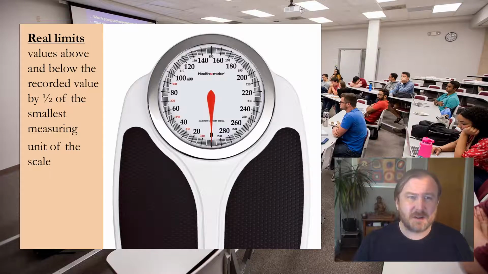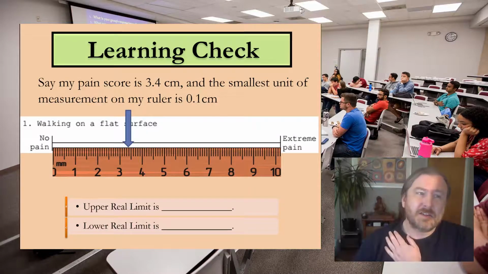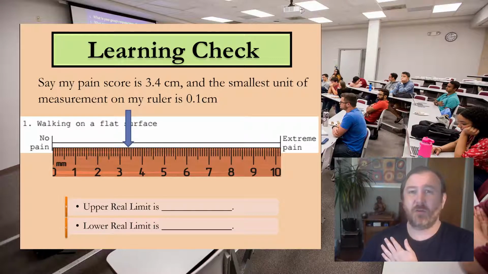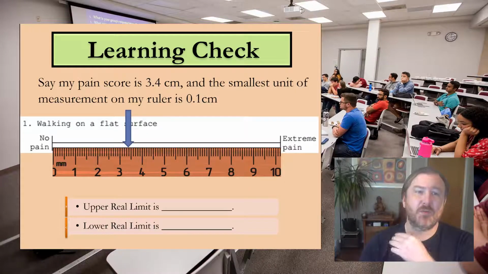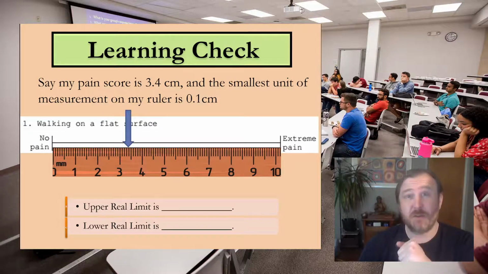So let's do another example of an upper and lower real limit. Let's say on the WOMAC, your pain score is 3.4 centimeters. That's what it was measured. And the smallest unit of measurement on the ruler is 0.1 centimeters. Well, that means that we need to figure out what half that measurement unit is, which is going to be 0.05.